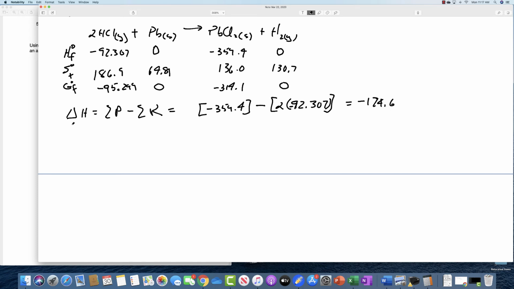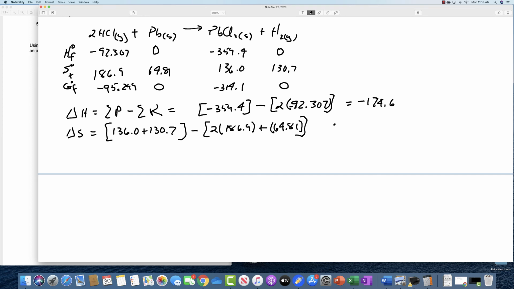For delta S, the formula is the same. So you'd start out with 136.0 plus 130.7, that's the two products, minus the two reactants, and again you have to take 2 times 186.9 plus 64.81.